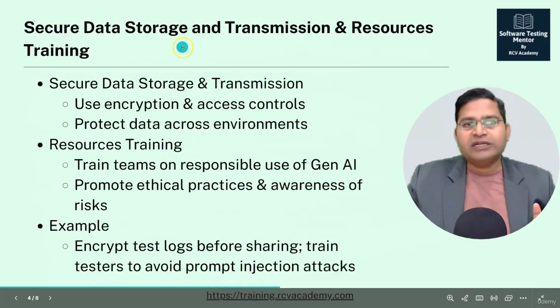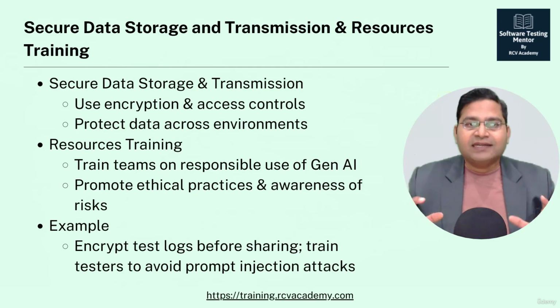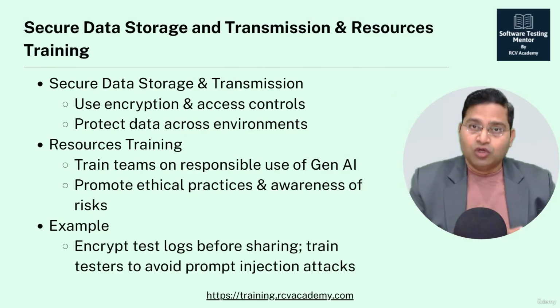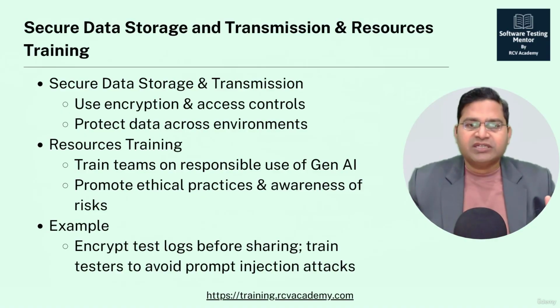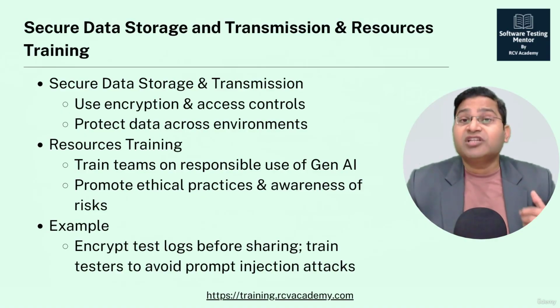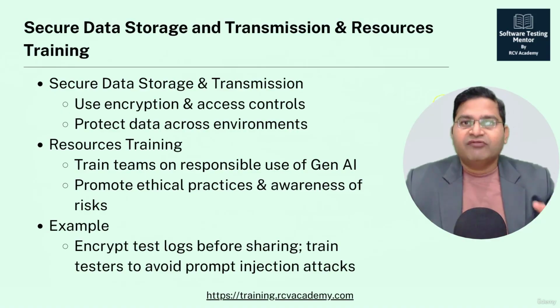Then we have secure data storage and transmission and resource training. For secure data storage and transmission, store the data using encryption and access controls. Protecting data across environments becomes really important. Training the resources, your testing team and the whole project team, on responsible use of generative AI becomes really important: what you can put into the prompt, especially if you are using a public generative AI solution.